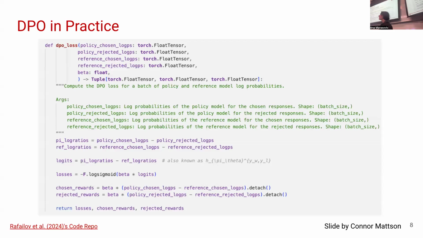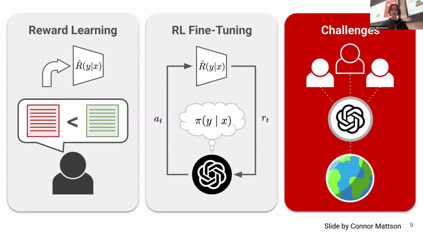Again, just a snippet that shows how you can use these equations and put them together. This is not from Hugging Face. This is actually from the original author code. I've been using Connor's slides here. Today you will have DPO in Hugging Face as well, but Connor was presenting this when DPO was released.